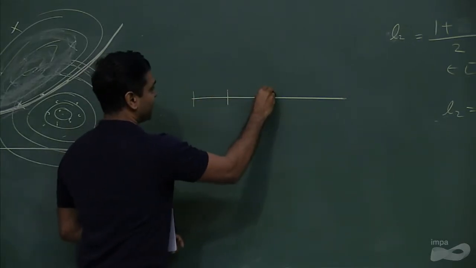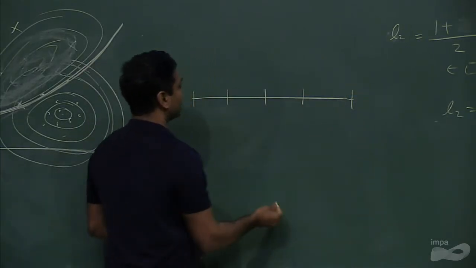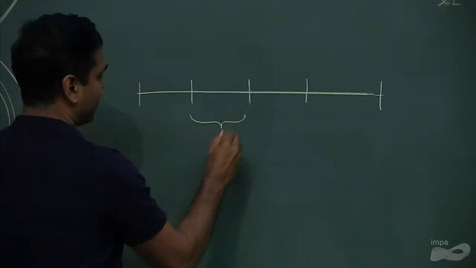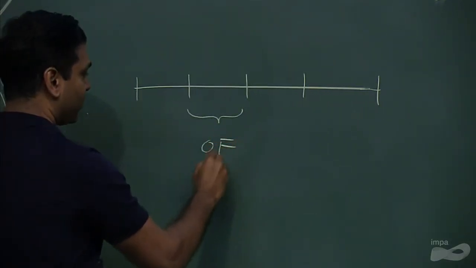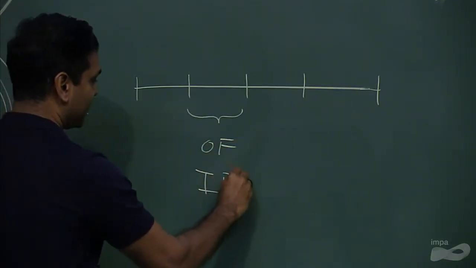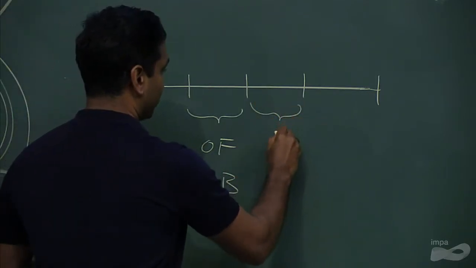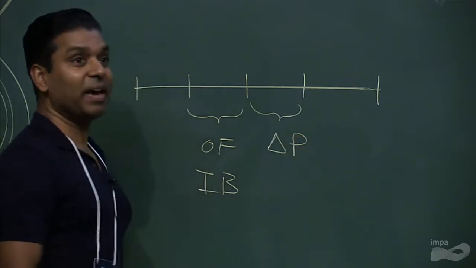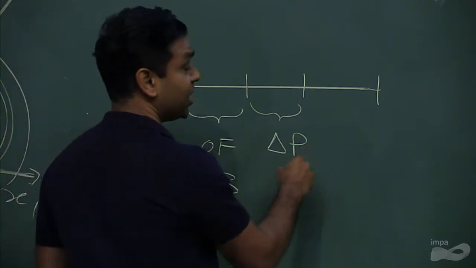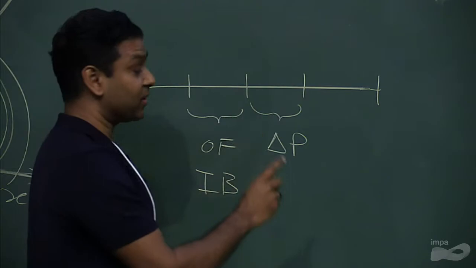So I have a bunch of 1 second time windows. In this second, I look at order flow and I look at imbalance, and then I look at the price change 1 step ahead, measured as a change in the mid price.